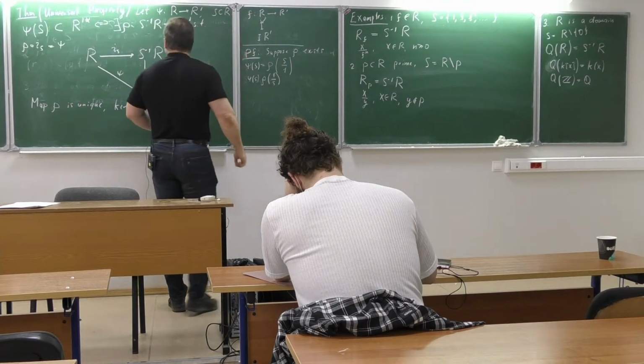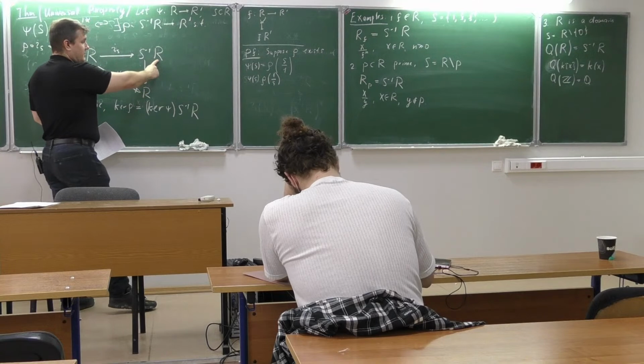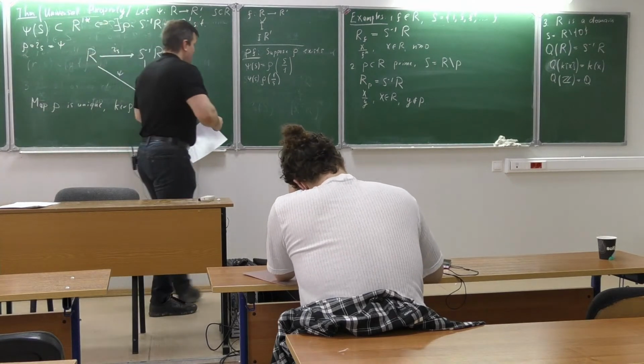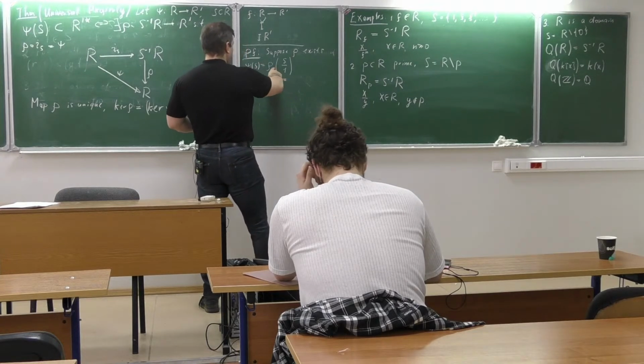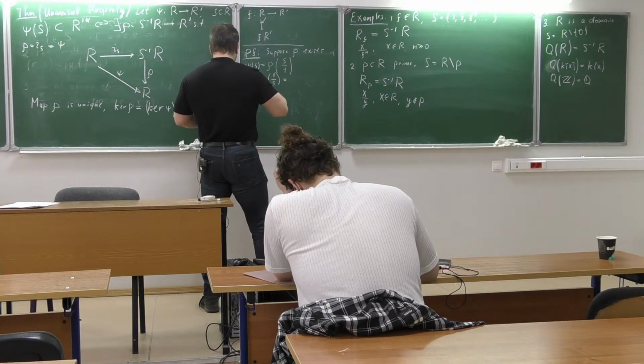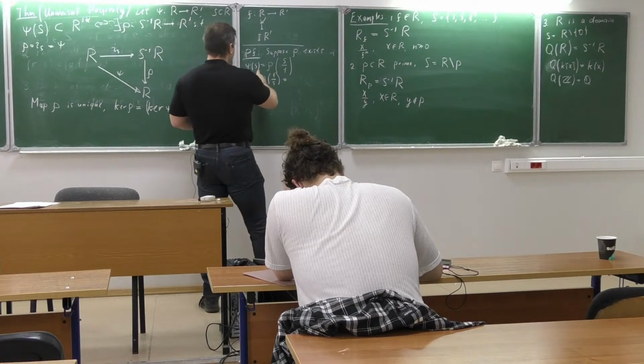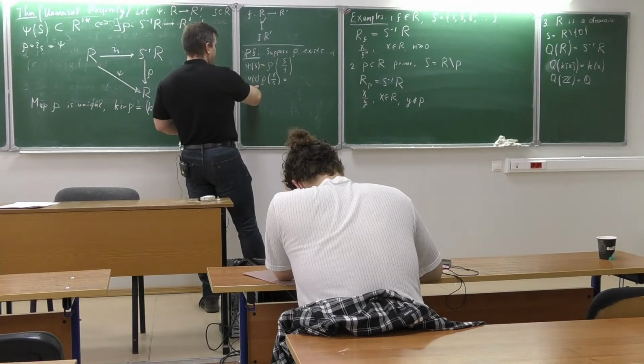Right, so 1 over S is an element here. It makes sense to apply rho to it. And now I just plug in the first formula into the second formula.